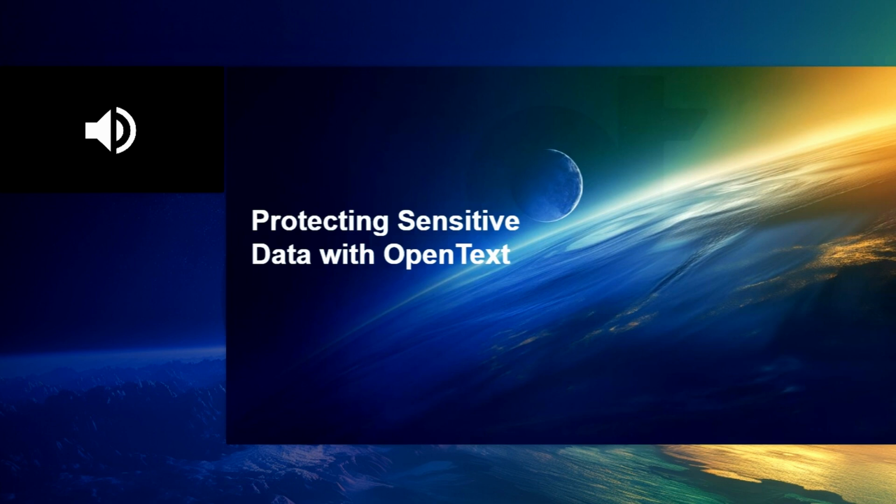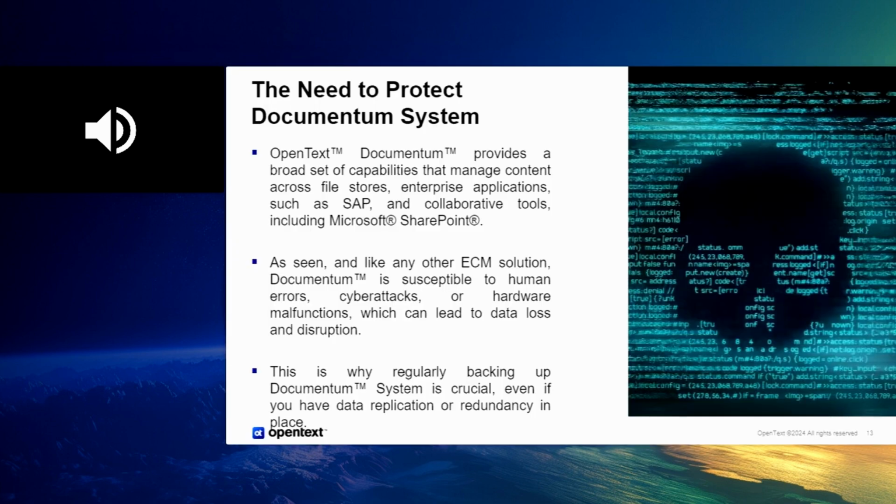Let's see now how we can solve these needs. As we mentioned, Documentum provides a large set of capabilities to manage companies' critical information. But as any other application, they can be impacted by any of the aforementioned compelling events: natural disasters, human errors, and/or cyber attacks. That's why you need to have a backup and recovery solution.